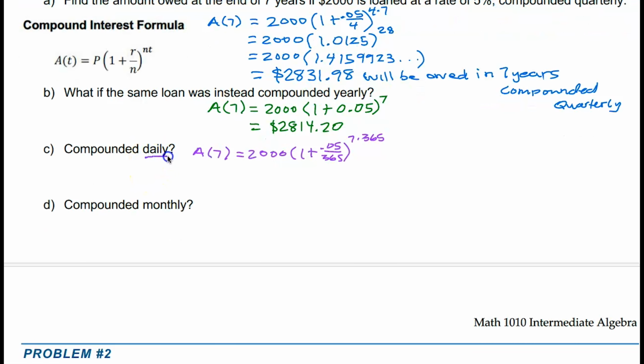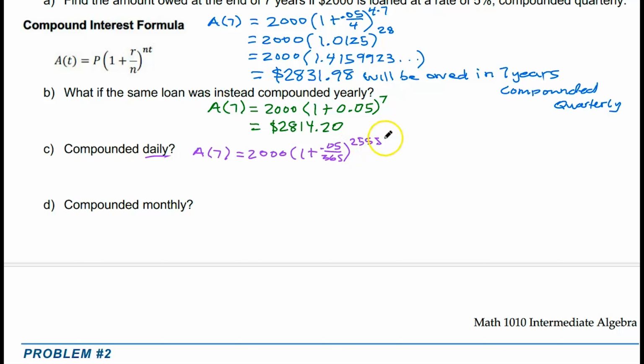All right, so now compounded daily, remember our n for that would be 365. So now when I fill it in here, I'll see my n there is 365, and my n up in the exponent is also 365. Now, 7 times 365, let's figure that out first, and that is 2,555.